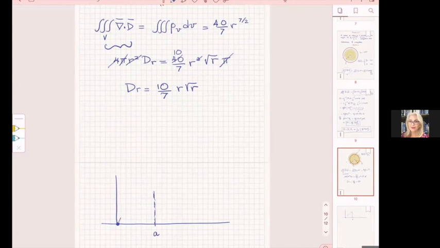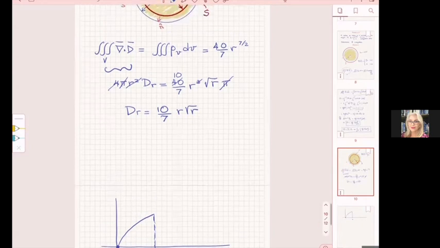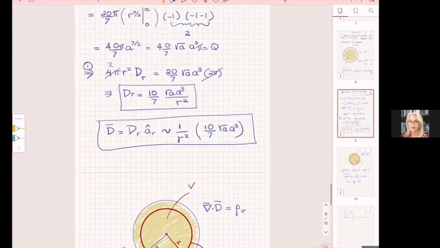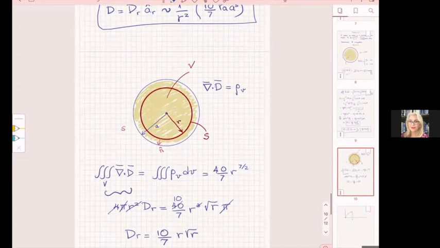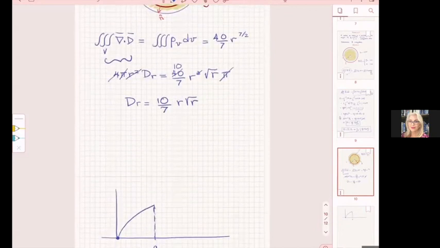Like this. And then from there, it's going to go down as R square. It's going to look like this. So that's how it's going to look.